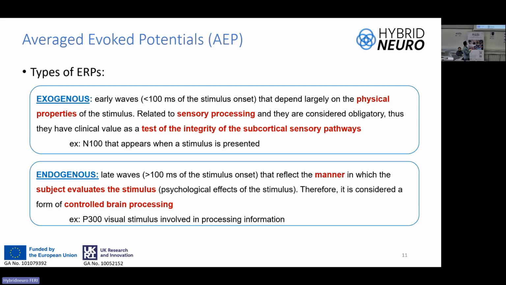What kind of potentials are used to obtain? The first are the exogenous potentials, which are related to the sensory processing of the cognitive task. These are the early waves, normally up to 100 milliseconds, related with the stimulus onset, and this is, for example, the typical N100, and it is mandatory.